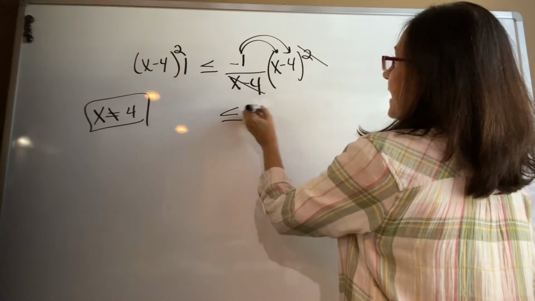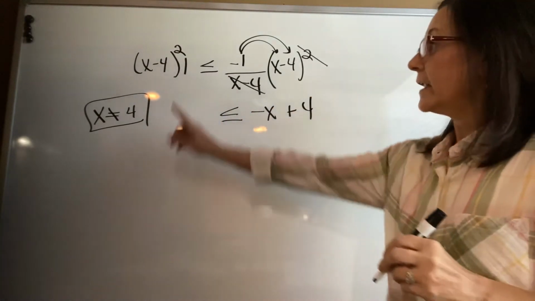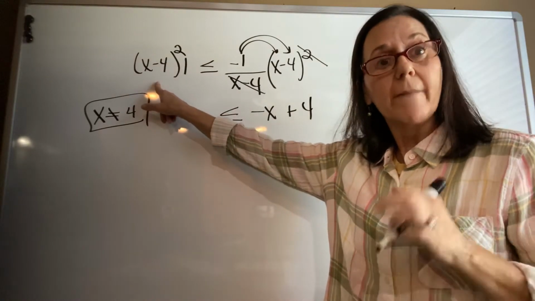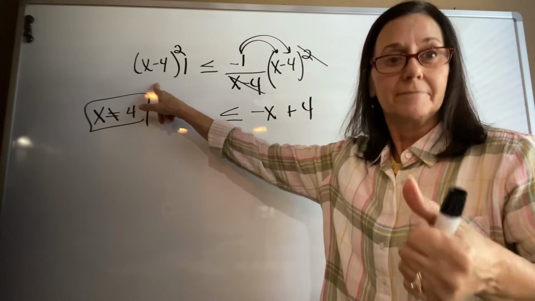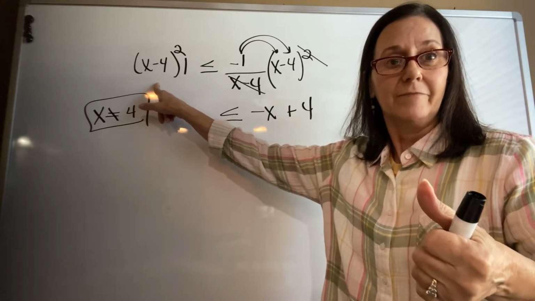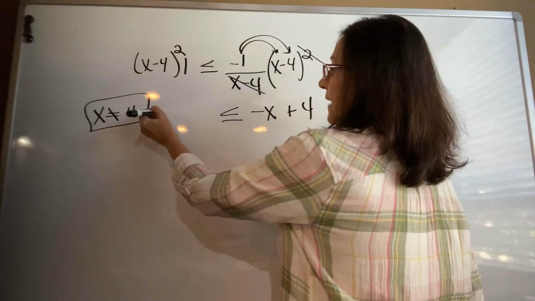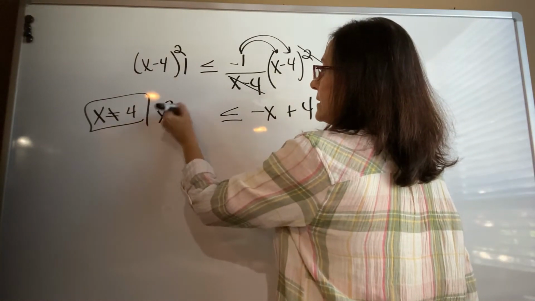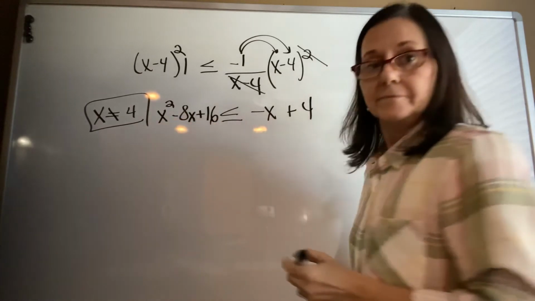So we have negative x plus 4 on the right-hand side. On the left-hand side, we just have x minus 4 squared times 1. 1 times anything is the other thing, right? So let's just do x minus 4 squared, and that's x squared minus 8x plus 16.